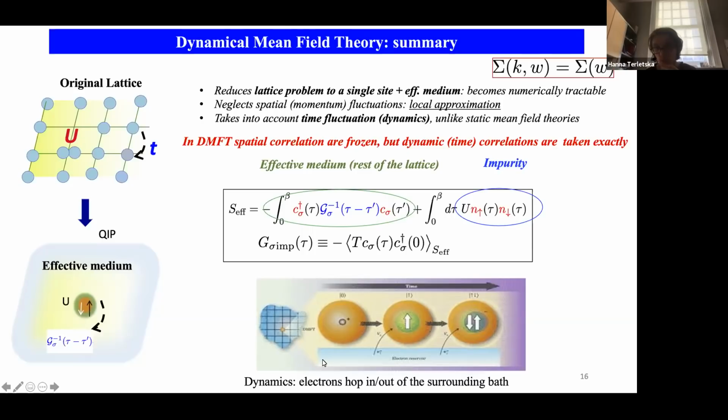This graph here shows that the occupancy of the impurity site can be either empty, or singly occupied with the electron spin up or spin down. But at some point, two electrons can come from the bath and occupy the impurity, and this is when you will be testing the correlation effects at a given site.